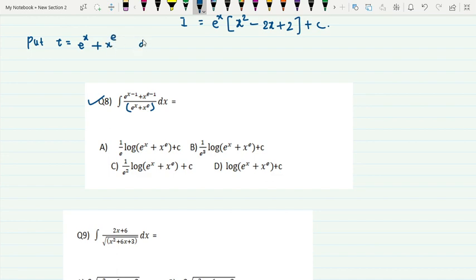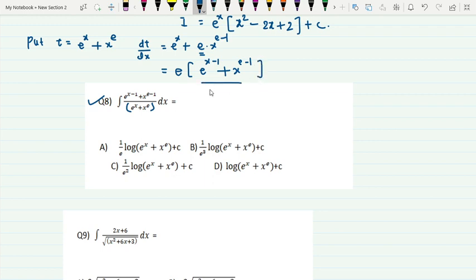What will be the derivative of this, dt by dx? Derivative of e raised to power x is e raised to power x, but derivative of x raised to power e will be e times x raised to power e minus 1. Taking e common from here, it is e raised to power x minus 1 plus x raised to power e minus 1.